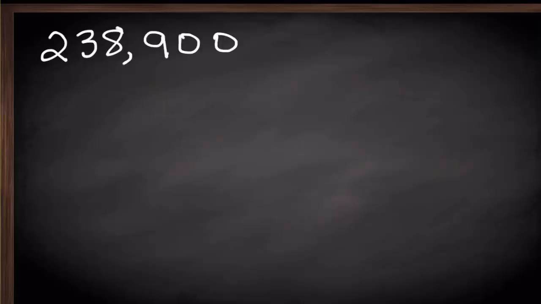The first thing you want to do is locate the decimal, which is at the end of the number. In order for it to be in scientific notation, the first factor must be between 1 and 9. So therefore, you must move your decimal so that the first factor is between 1 and 9. So we're going to move our decimal all the way between the 2 and the 3, and we're going to stop.